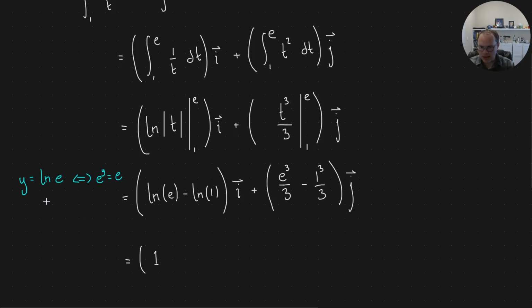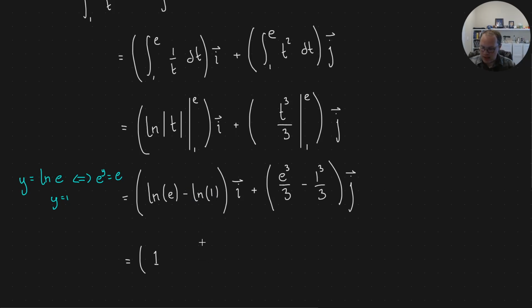So base e to the y equals e, which means we could see y as 1. This exponent and this exponent have to be equal, and this exponent is an invisible 1. So natural log of e is 1.